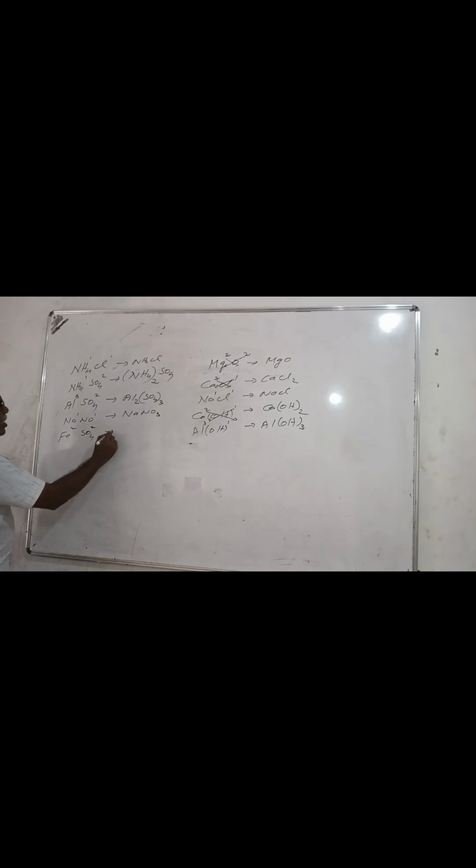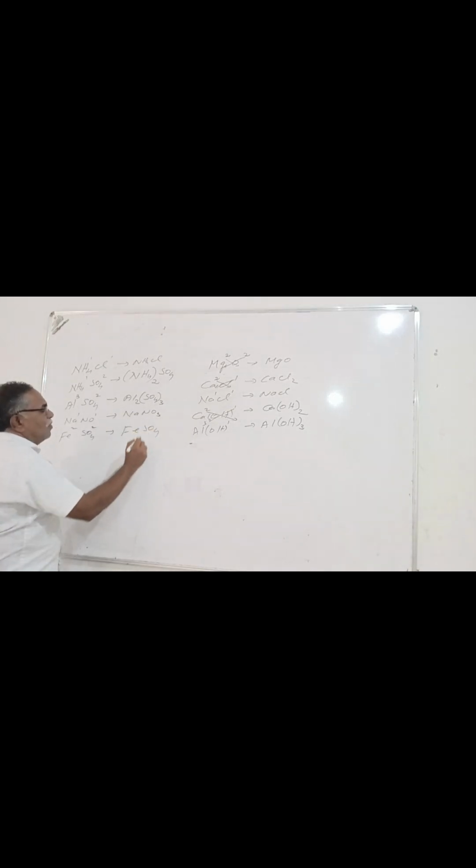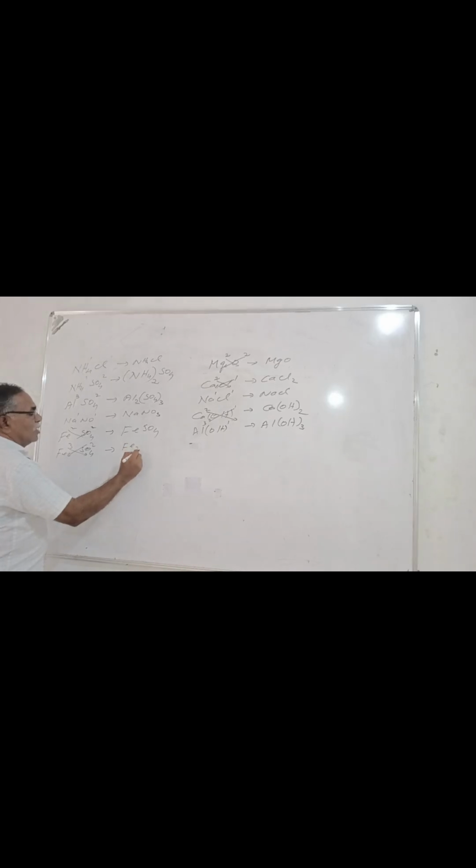So we can write FeSO4, ferrous sulfate. There are two valencies for iron; the other valency is 3, sulfate 2. See here, Fe2(SO4)3. This is the method of writing the formula of a compound.